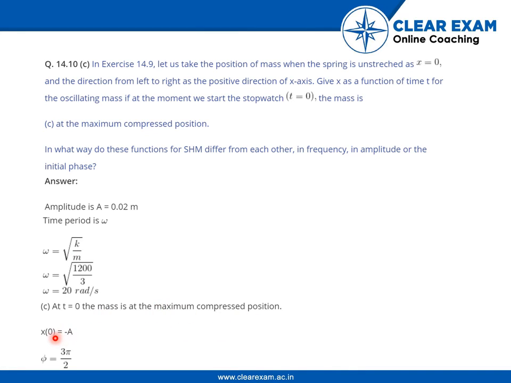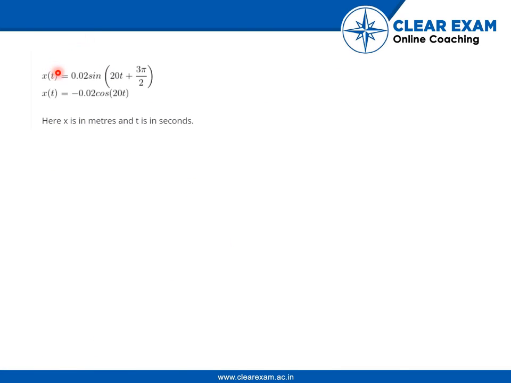That is x at t equals 0 is equal to minus a, and phi is equal to 3 pi by 2. Now x as a function of t becomes 0.02 sine (20t plus 3 pi by 2), that is equal to minus 0.02 cos 20t. Here x is in meters again and t is in seconds. The above functions differ only in the initial phase and not in amplitude or frequency.